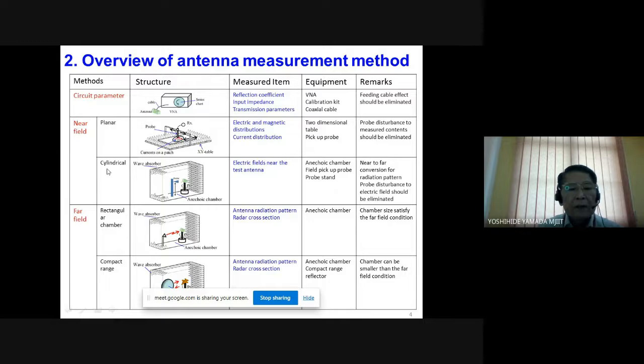And another is cylindrical measurement. Antenna is rotating on the turntable, and the measurement probe is moved in the vertical line. Then we can measure the electric field all around the antenna. So from this, we can also obtain radiation pattern and so on.